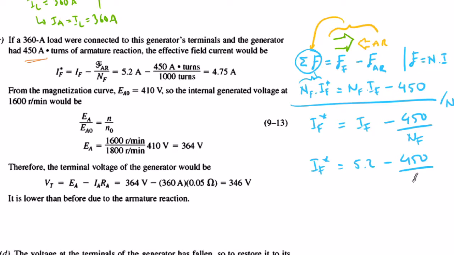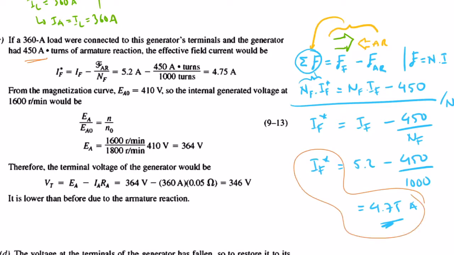So the actual field current is 5.2 amps, but because of the presence of the armature reaction, it is as if there is only a field current of 4.75 amps rather than 5.2 amps, so the total magnetic field in the system is also reduced. Now when we use the magnetization curve, this is the value of field current that we use.